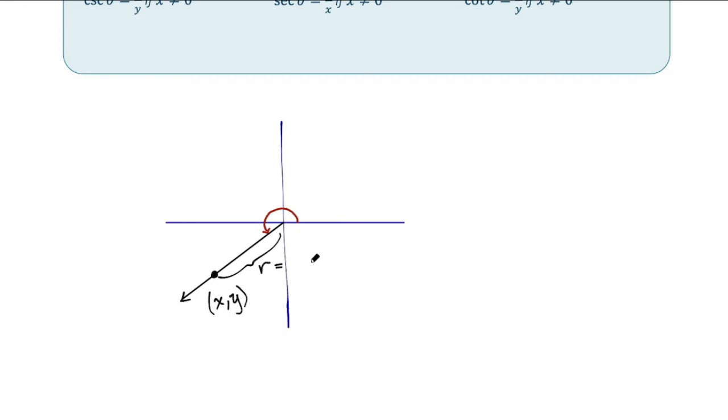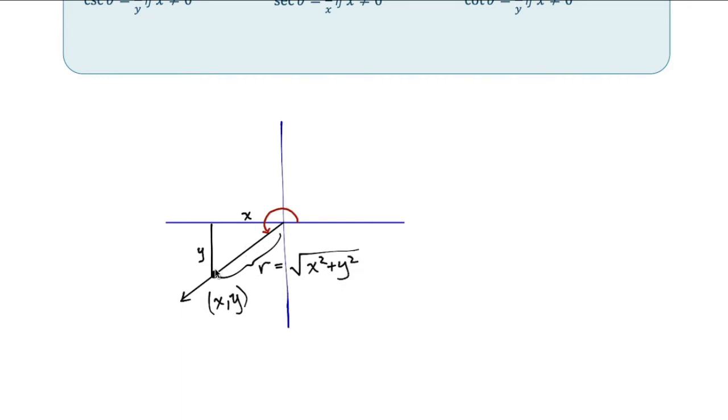And it just so happens that that is equal to, if you create a right triangle out of this, then you can think of this as the x and this is the y, and then by the Pythagorean theorem, x squared plus y squared equals this distance r squared, and so you get r is equal to the square root of x squared plus y squared.